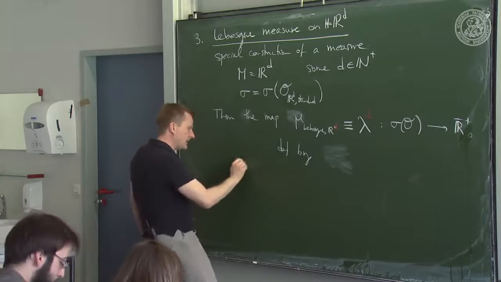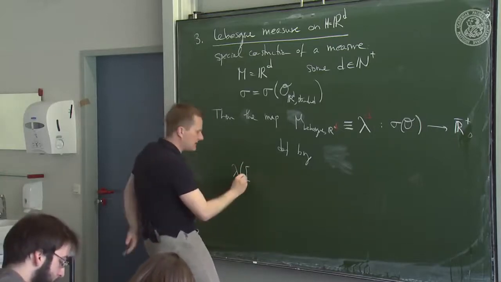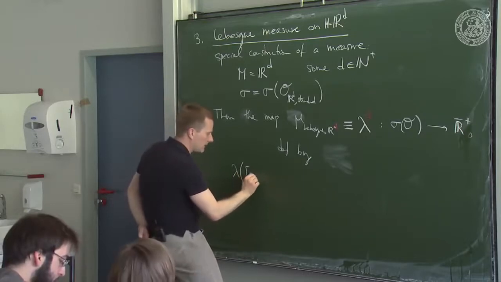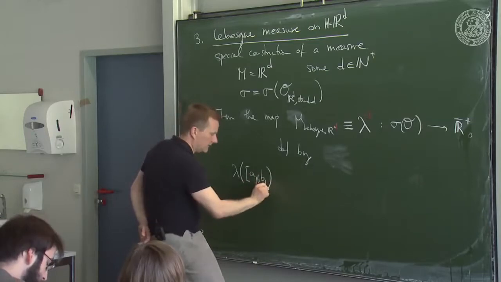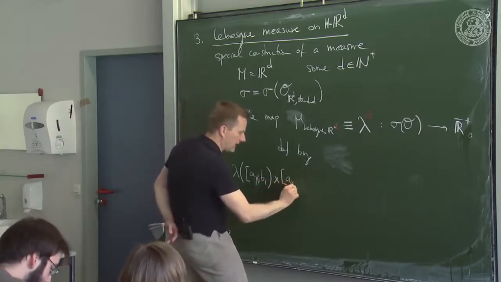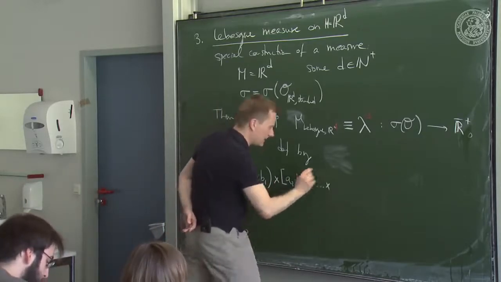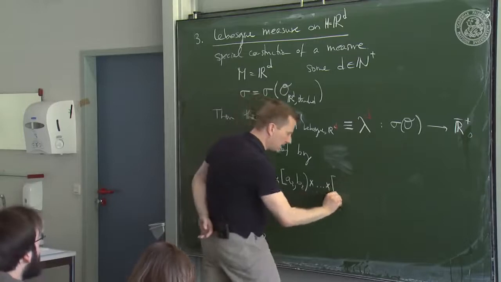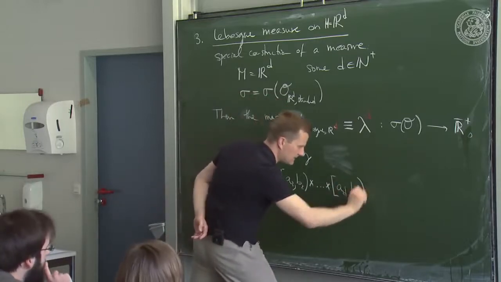Defined by, I take those subsets of R^D that can be written half-open interval [A1, B1), Cartesian product with half-open interval [A2, B2), Cartesian product dot dot dot, D many Cartesian products to [AD, BD).